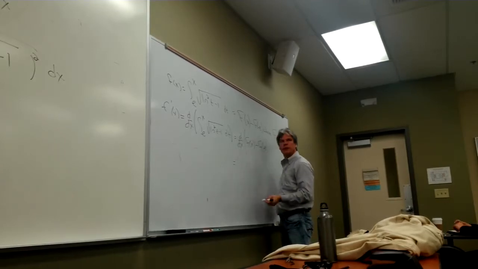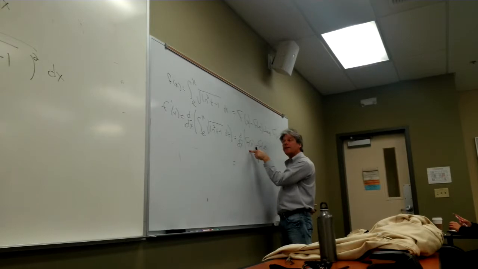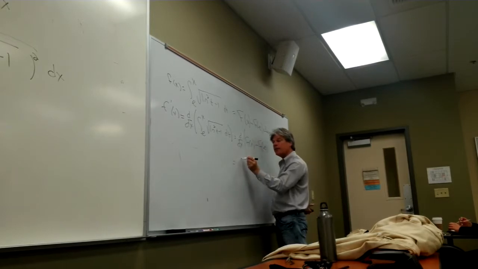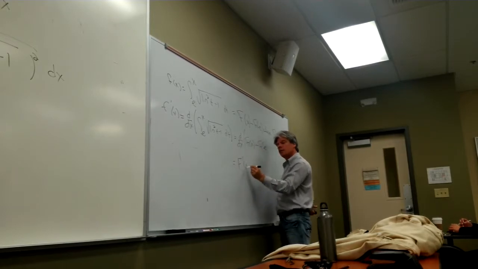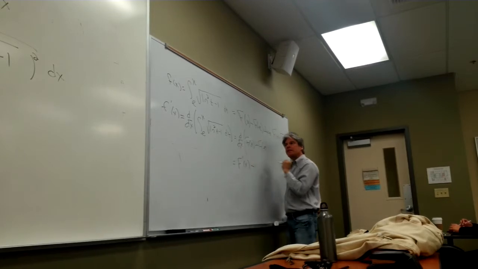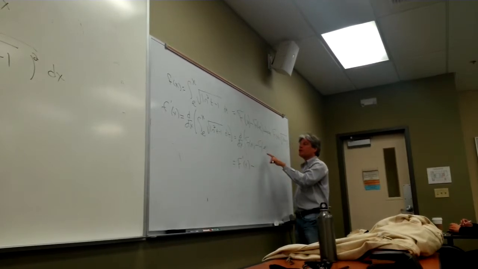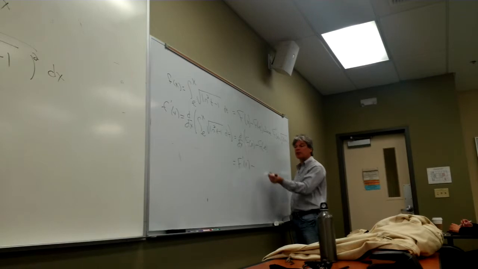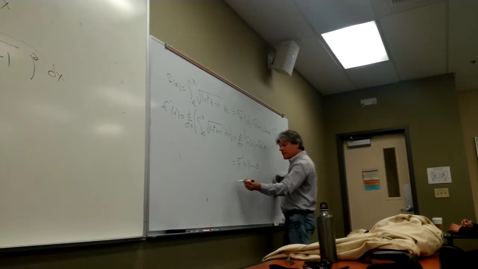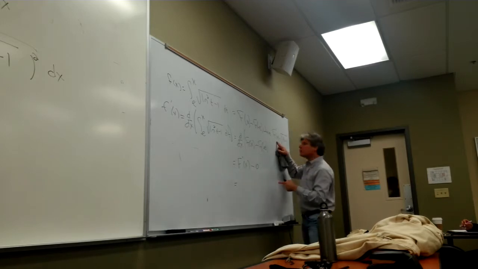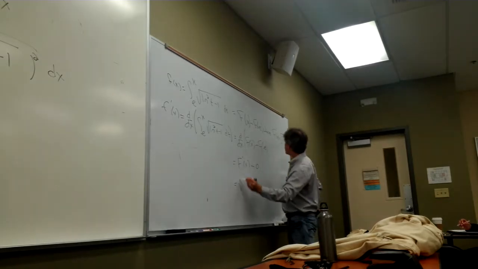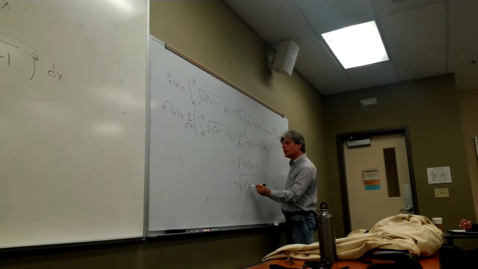Term by term, differentiating big F evaluated at x gives this, minus, well, differentiating big F of e, who cares what variable, I get this. But that means big F prime of x is, oh, check this out, I've got it sitting in front of me. That's just the square root of the natural log square root of x minus 1.